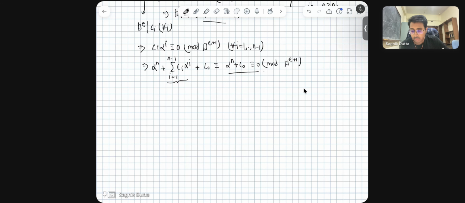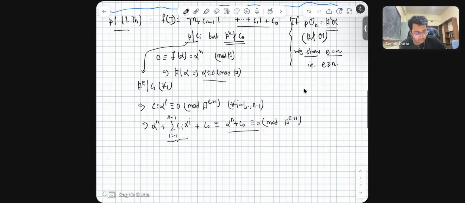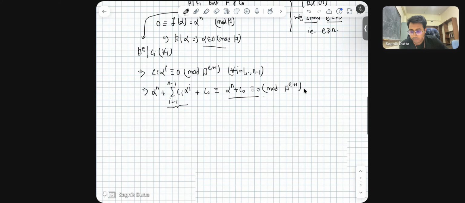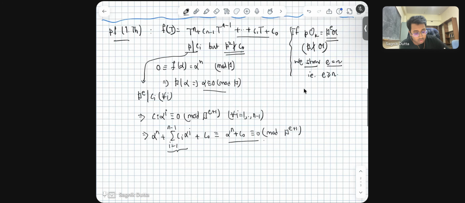But now you notice that C naught is divisible by small p exactly once, because there is no higher power of p in the factorization of C naught. And also in this ideal's factorization, the mathfrak p appears exactly e times, because there is no p in the rest of the factors.